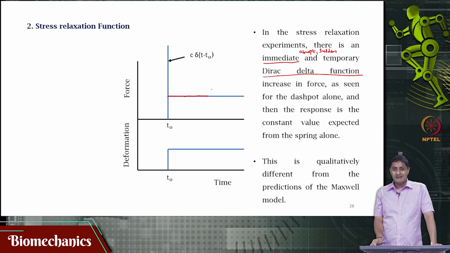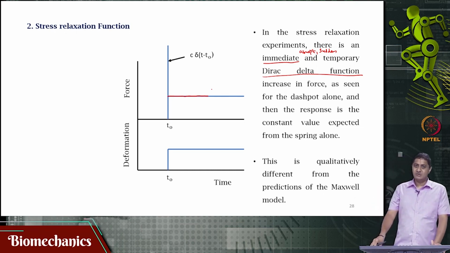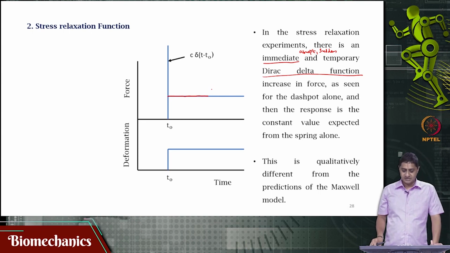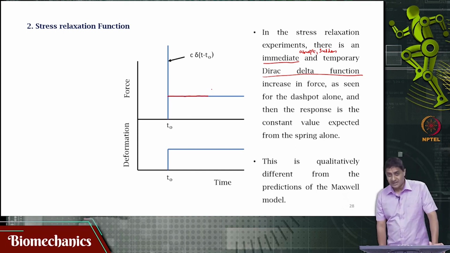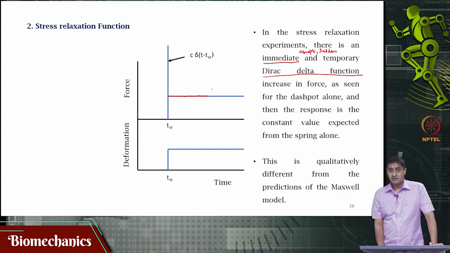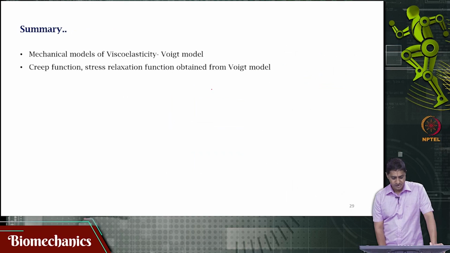So, this is a drawback or a challenge with the Voight model, something to keep in mind, that this model gives out a response that requires a very large amount of force to be produced in an extremely small amount of time, which is not physically realizable. Okay. So, there are both disadvantages or some limitations to these two models, Maxwell model and Voight model.